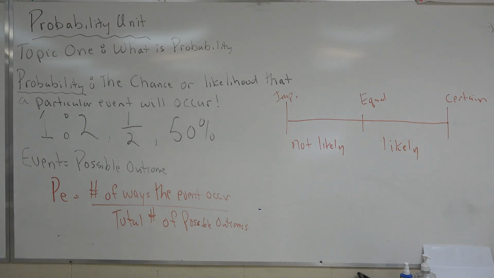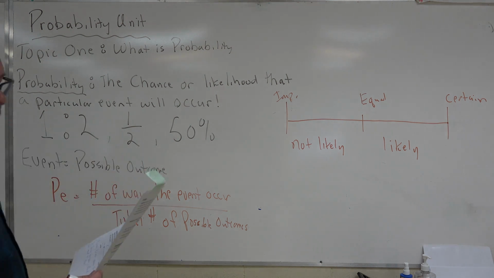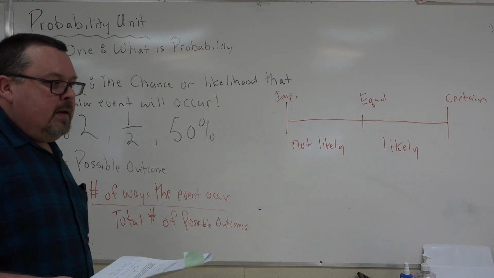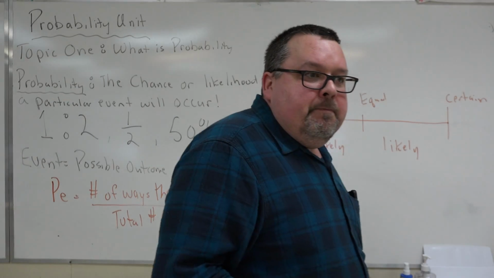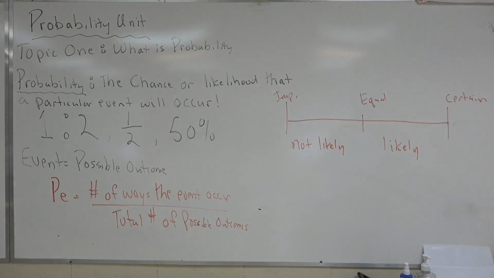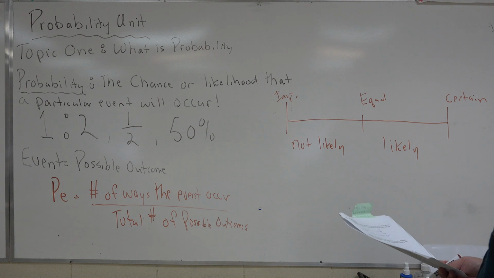Example 2, the next baby born in your local hospital would be a boy. Represent this event on a probability scale. Well, here's the thing. Babies are born every day. And then there's going to be a baby born. It's either going to be a boy or a girl.